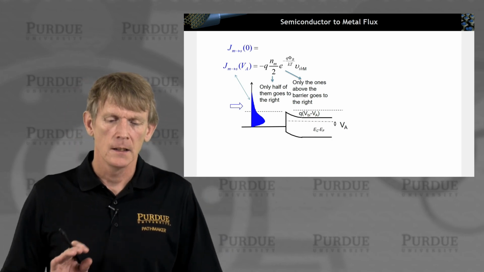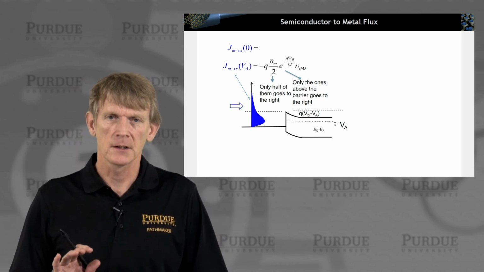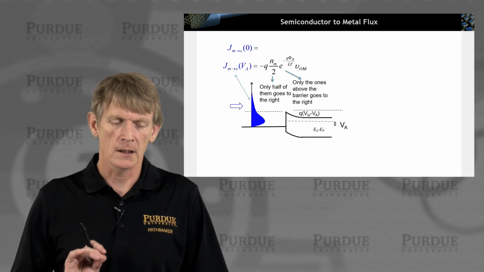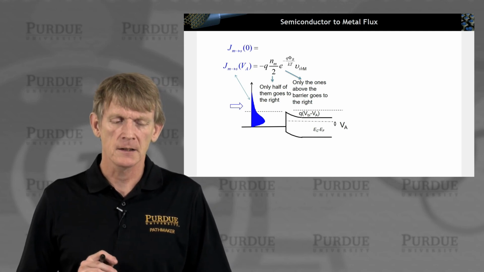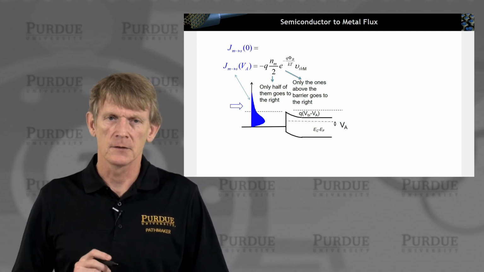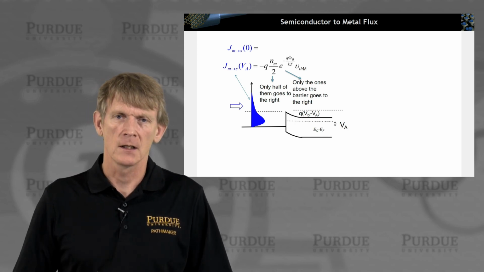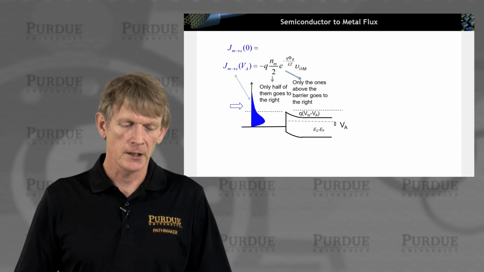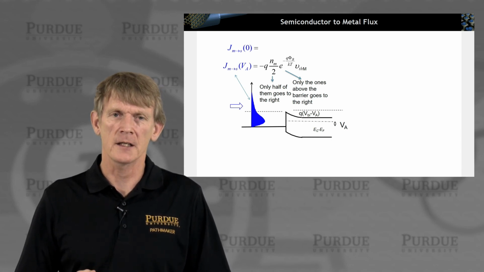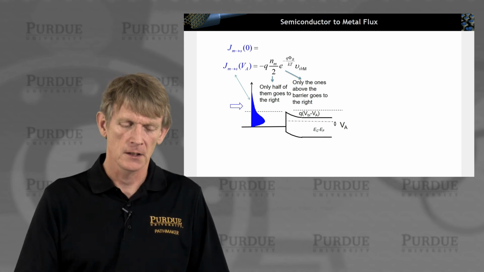Now, in the semiconductor to metal flux, we're considering the following concepts. We're looking first again at the metal charge carrier distribution, okay? And we can roughly figure out how many carriers can make it across this barrier.